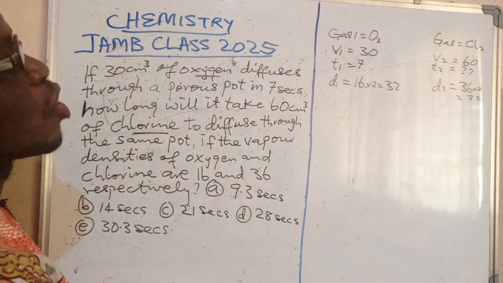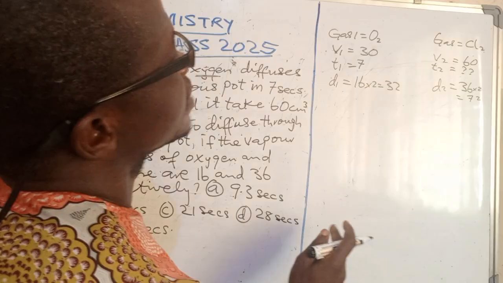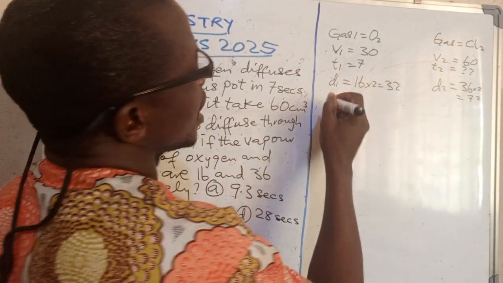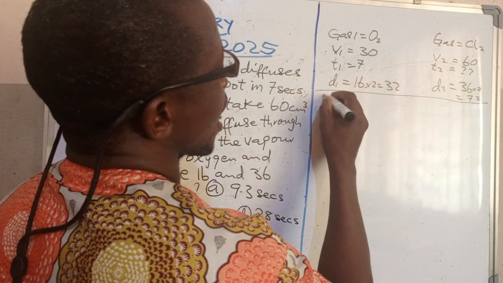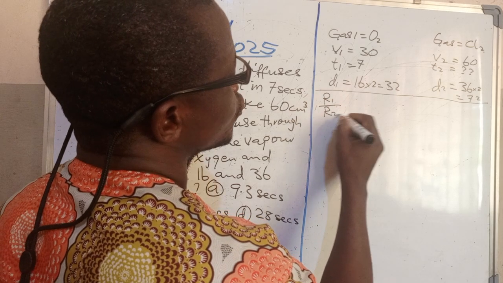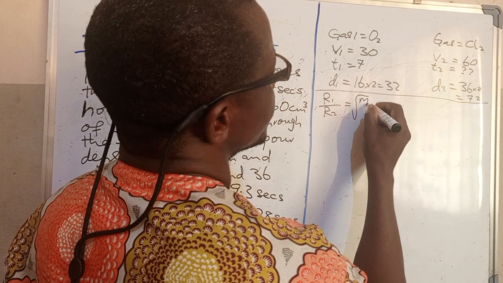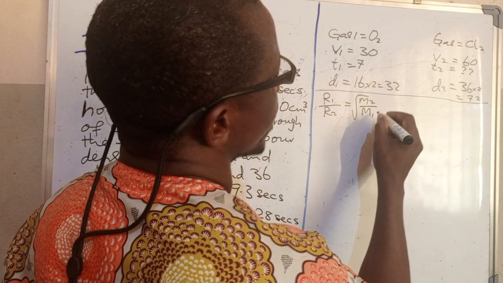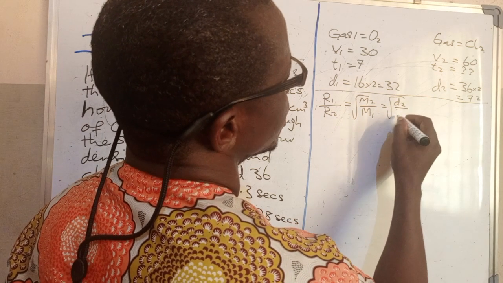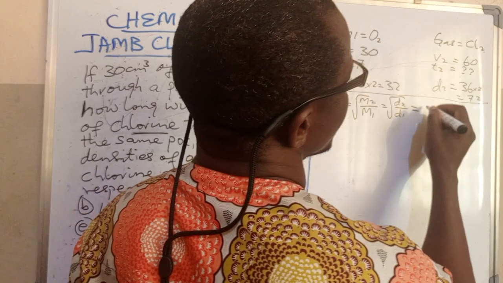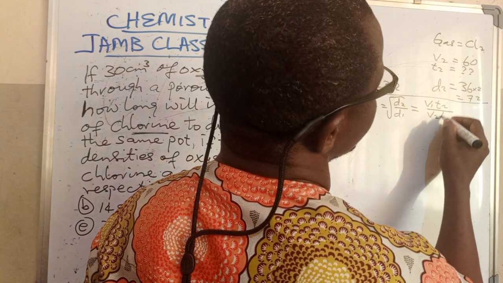When you are done extracting the parameters from the question, there is a formula that I like showing my students. R1 over R2 equals the root of M2 over M1, equals the root of D2 over D1, equals V1 T2 all over V2 T1.